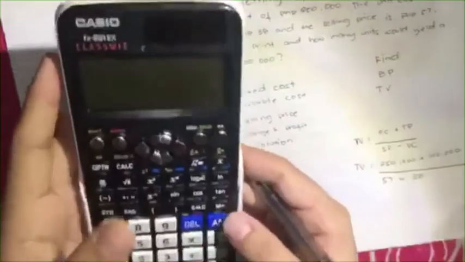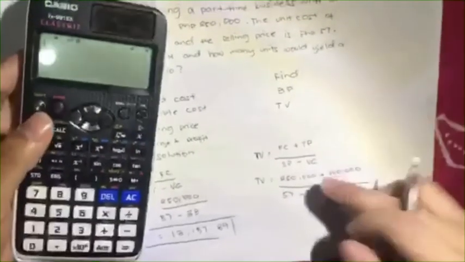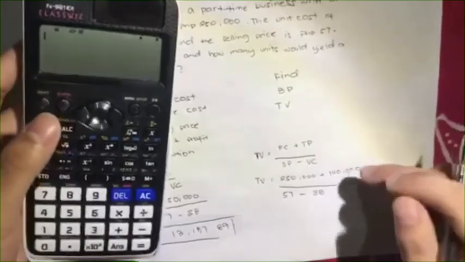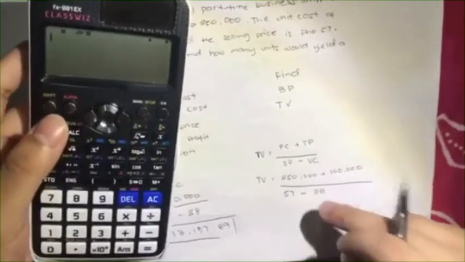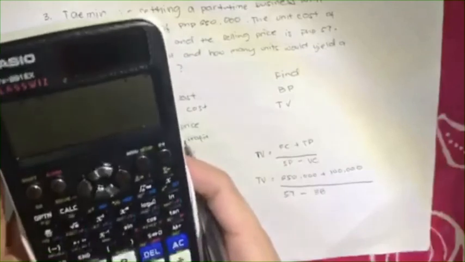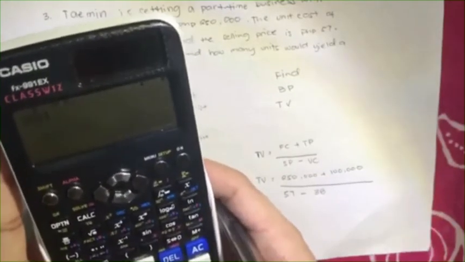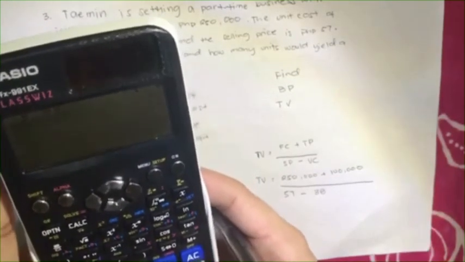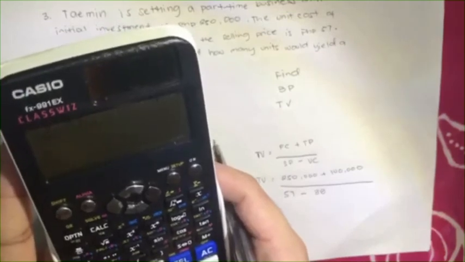So 250,000 plus 100,000 is 350,000, and 57 minus 38 is 19. So you will divide 350,000 divided by 19.